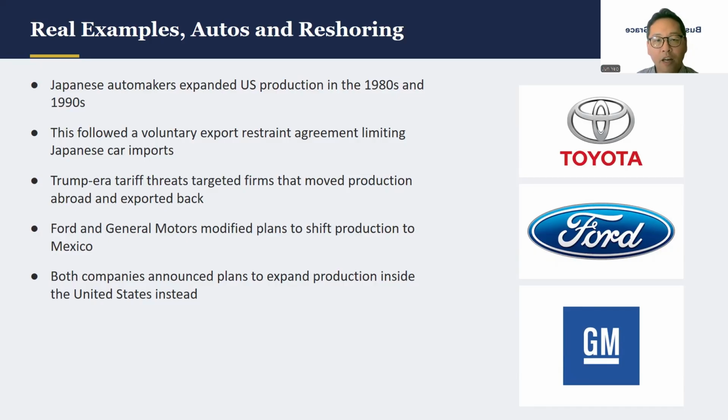But the underlying pattern is identical. When a government threatens or imposes a tariff barrier, firms respond by moving physical production, not just by adjusting prices. This is one of the clearest and most durable lessons in the whole chapter.